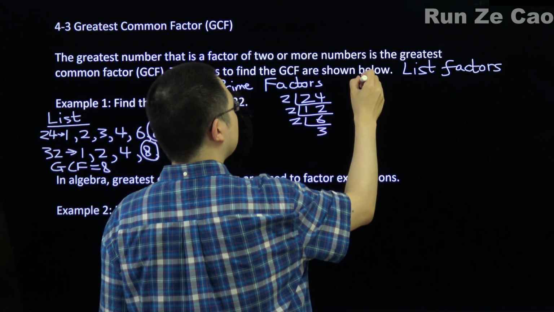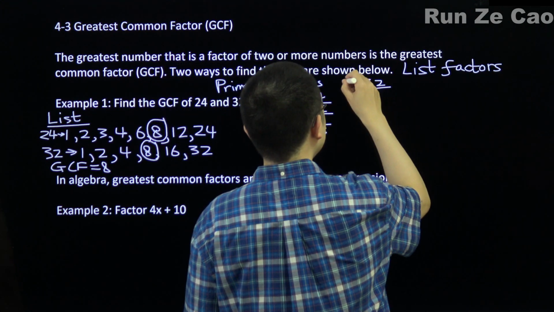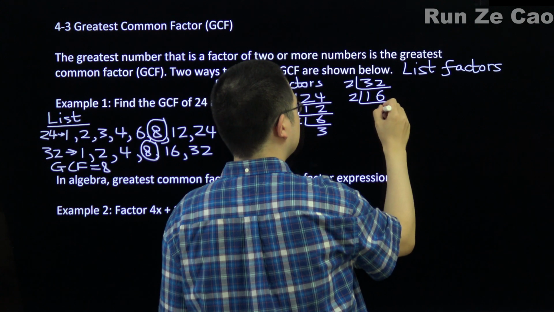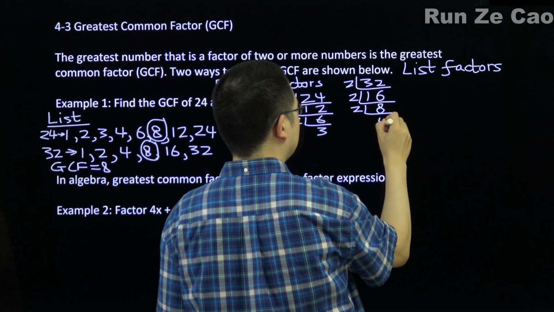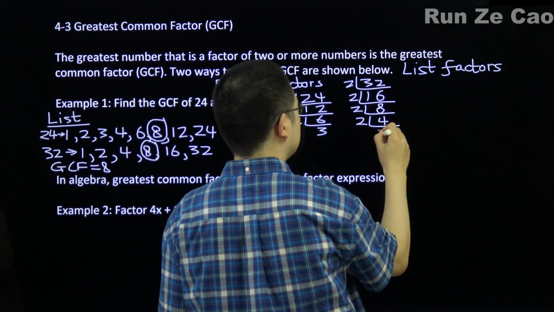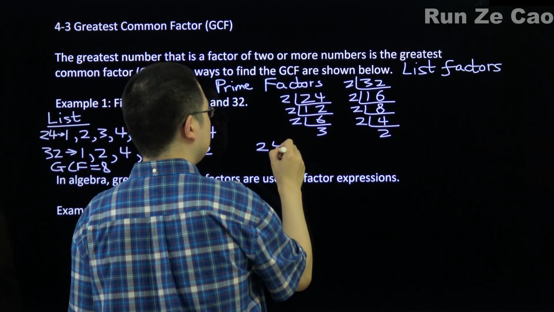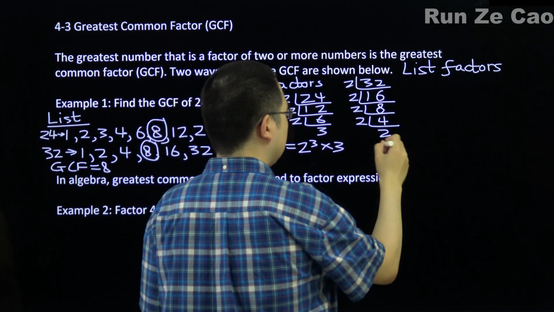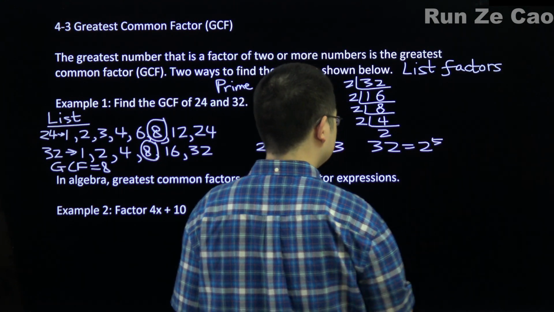Okay, and then 32 divided by 2, 16 divided by 2, 8 divided by 2, 4 divided by 2 again, 2. Okay, so 24 is equal to 2 to the third times 3, and 32 is equal to 2 to the fifth.